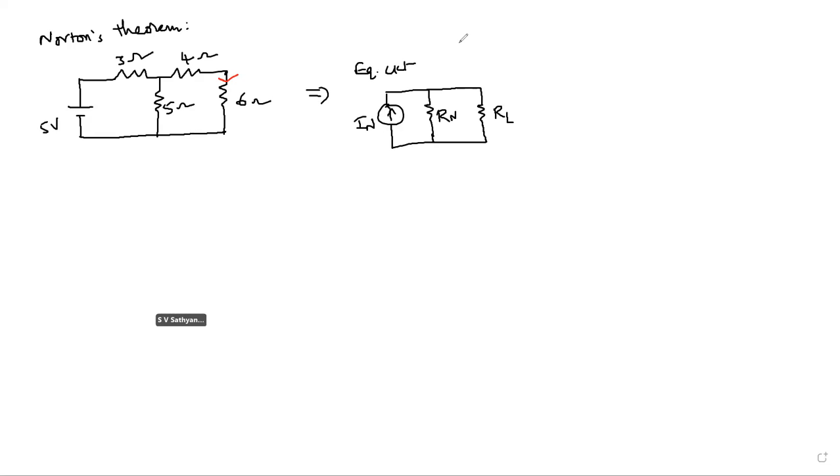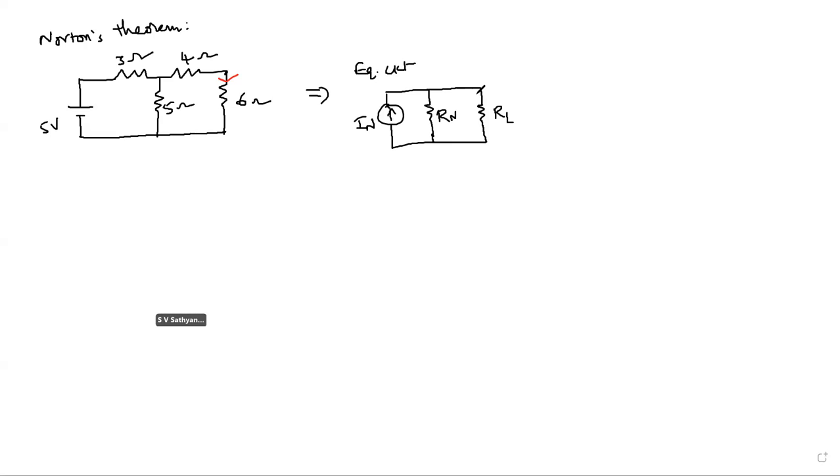Then we need to find out for which branch we need to find the current out of these two. Don't write anyone, just try to focus on the screen. Later I will give time to note it down.